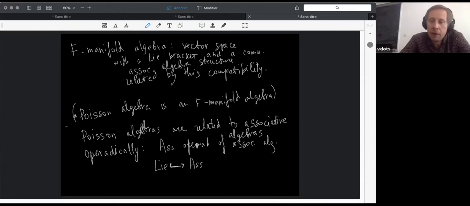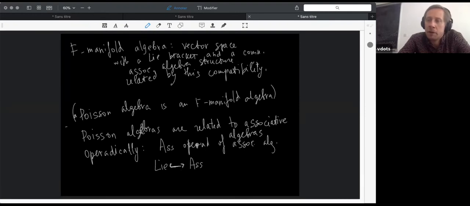And you can use that embedding to define a filtration on the associative operad. So you can take inside the associative operad the operadic ideal generated by the Lie bracket and define a filtration by the powers of that ideal.